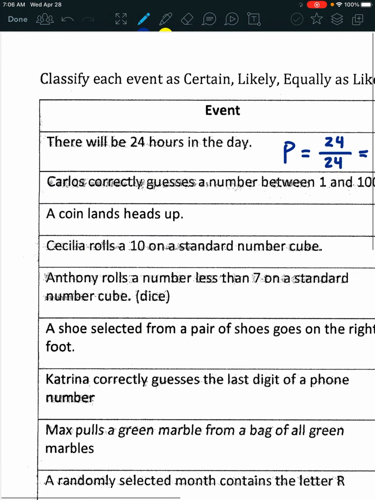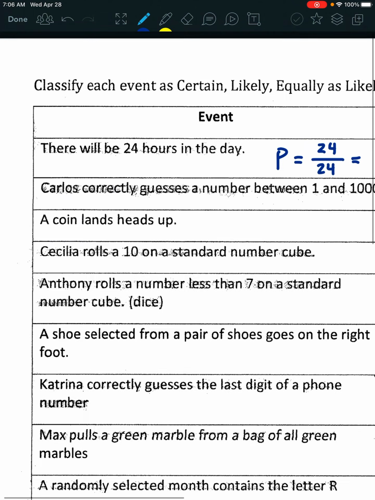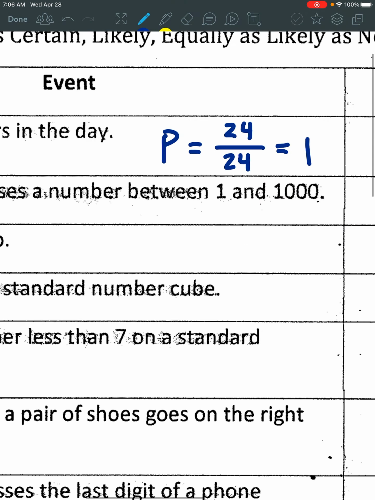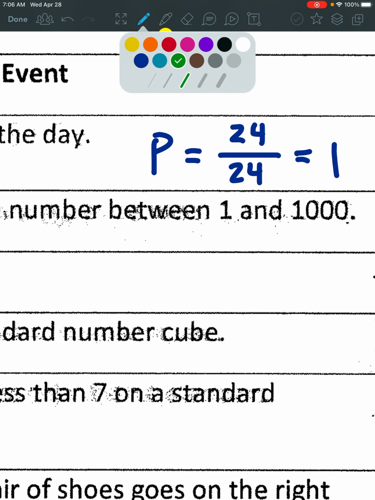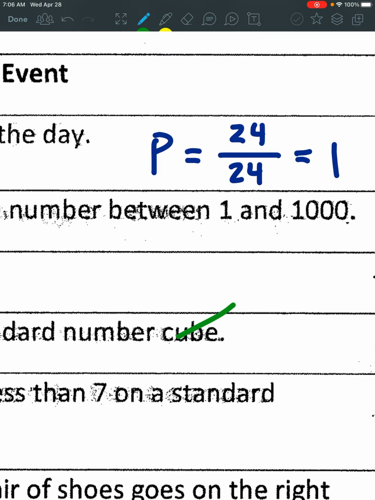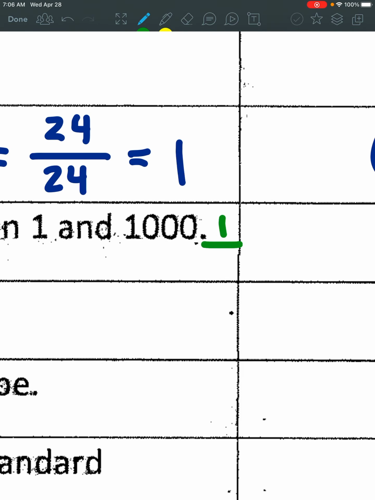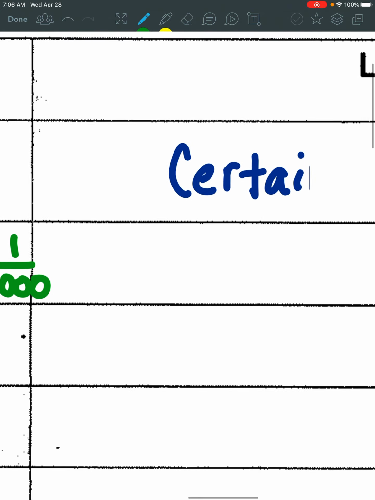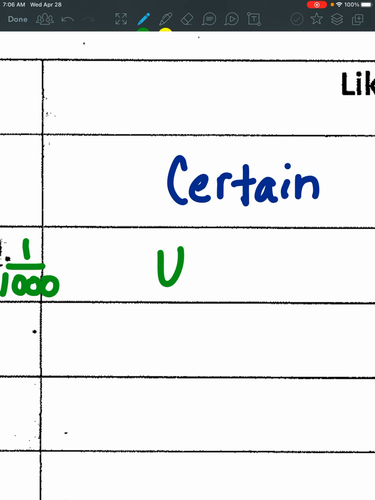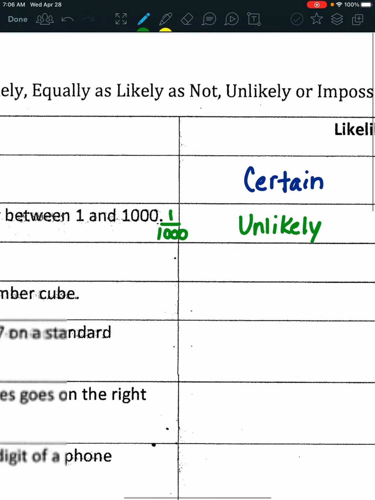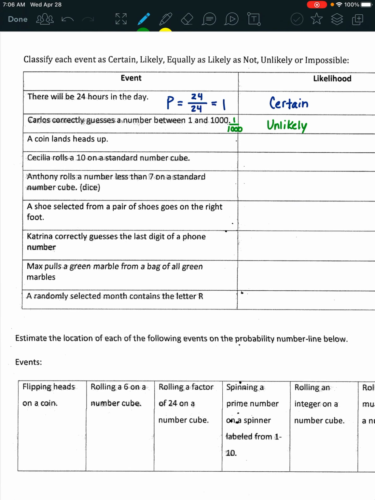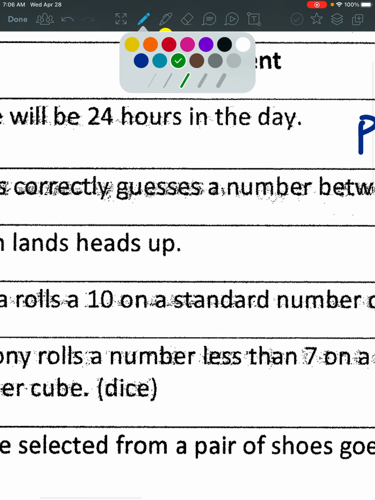Okay? Correctly guessing a number between 1 and 1,000. So think about this. You're thinking of one specific number. So the probability of this happening is 1 out of a total of 1,000 numbers. So 1 out of 1,000, that's going to be a pretty small percentage. It's very unlikely. All right, a coin lands heads up.